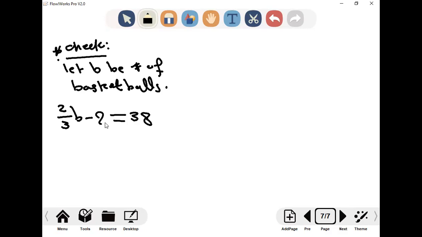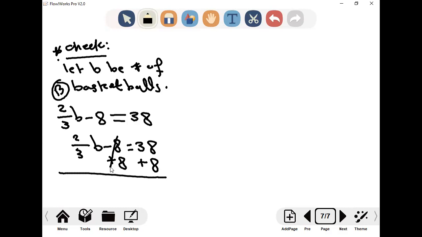Minus it, right? Which one? B. Part B. Now solve it. How do we solve it? Get rid of minus 8. So here 2/3 B minus 8 equals 38, plus 8 plus 8. These are done.